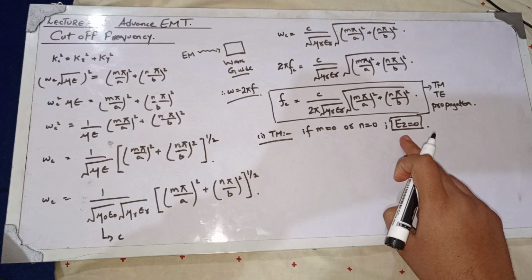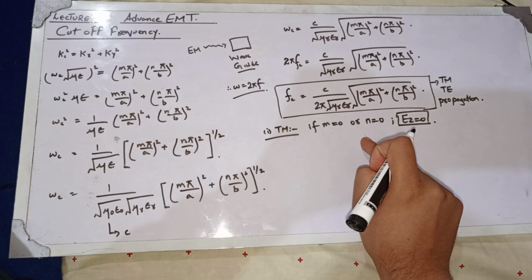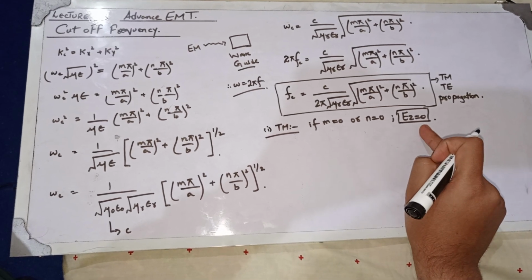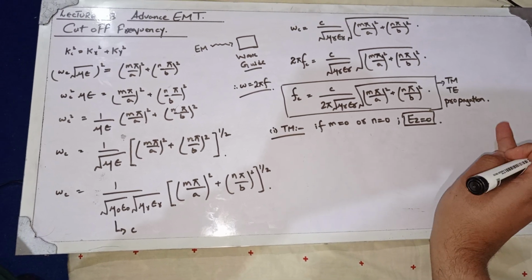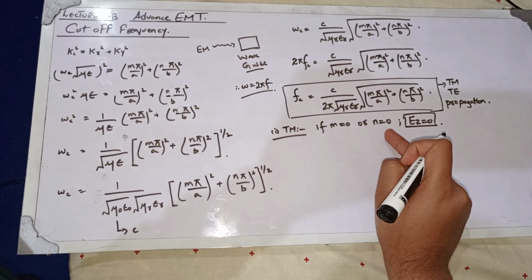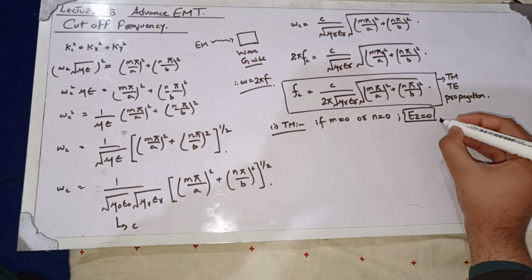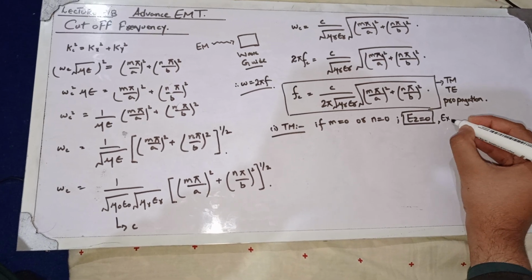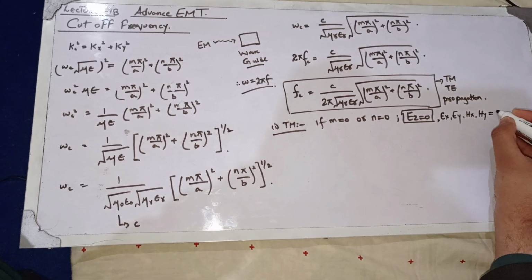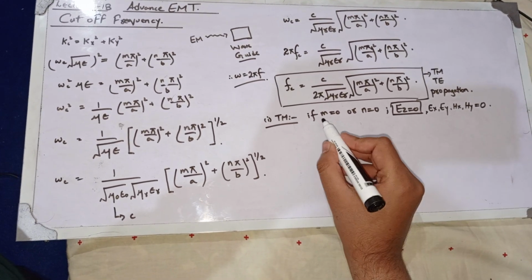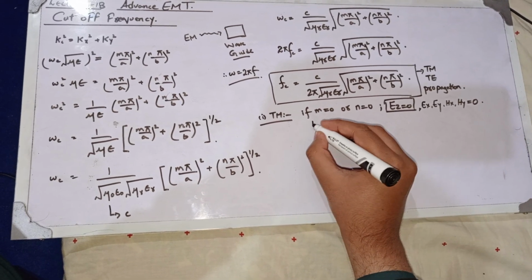In TM mode, putting m equals 0 and n equals 0, your Ez becomes 0, because in TM your Ez has a factor of sine. So sine 0 and sine 0 becomes 0, and your whole Ez is 0. If your Ez is 0, then your Ex, Ey, Hx and Hy all become 0. When all are 0, this is a non-propagating mode.